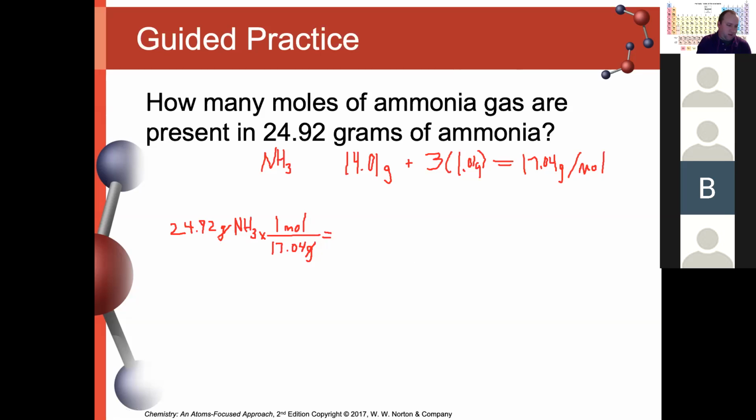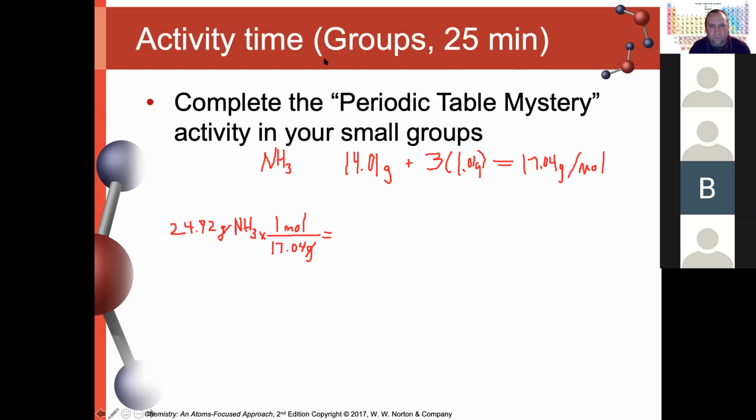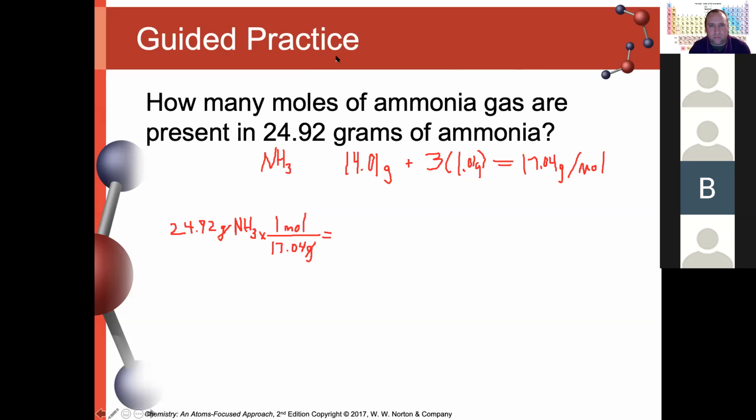24.92 divided by 17.04, I get 1.462 moles of ammonia.